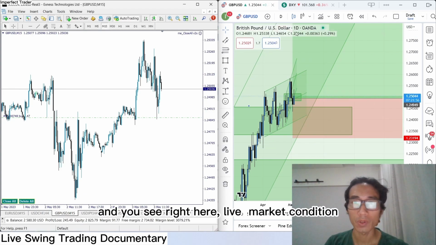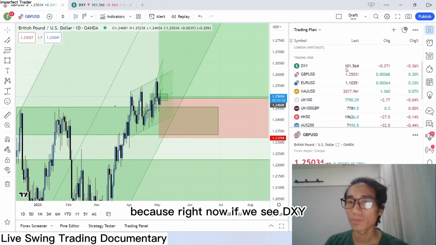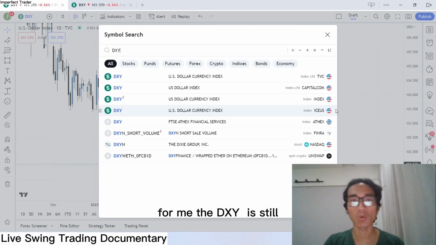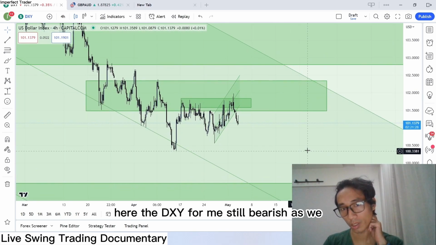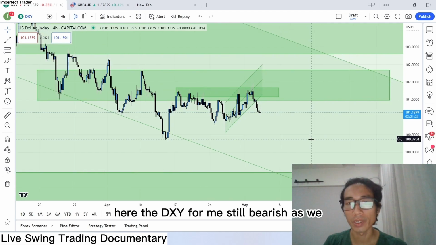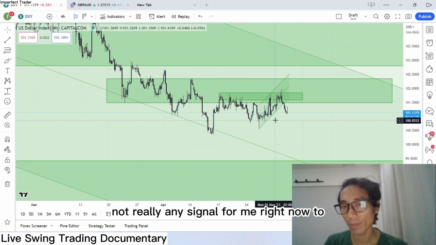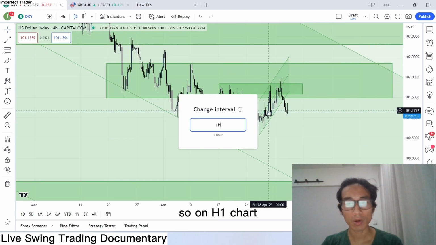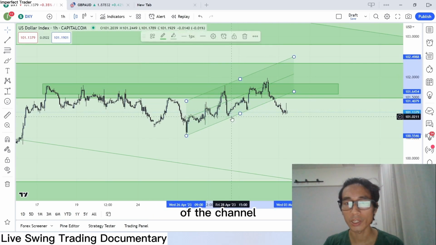And you can see right here live market condition, because right now if we see the DXY, for me the DXY is still bearish, as there's not really any signal for me right now. On 1 hour chart we can see that it actually fell out of the channel.